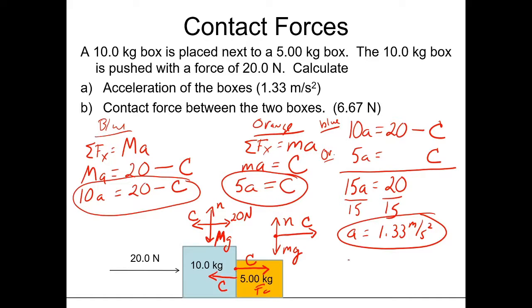Getting the contact force is really easy now. We could either put the a in this equation or in the equation for the orange box. I think it's easier to put it in the one for the orange box. So it said 5a equals c. So 5 times the acceleration, which we now know is 1.33, and the contact force is 6.67 newtons.